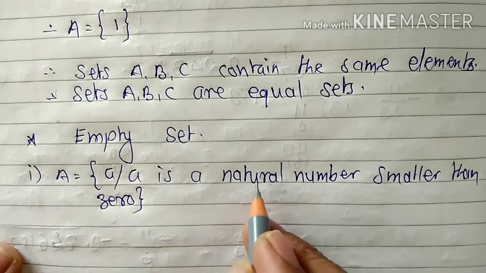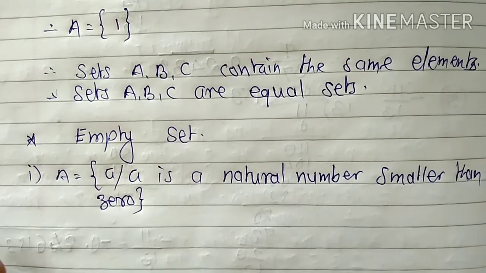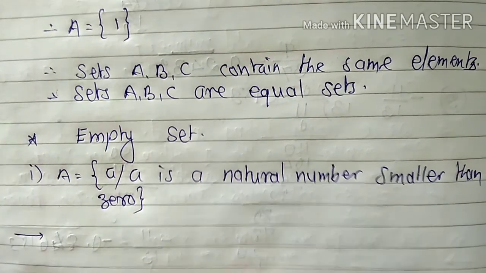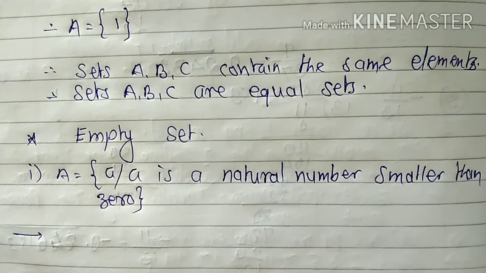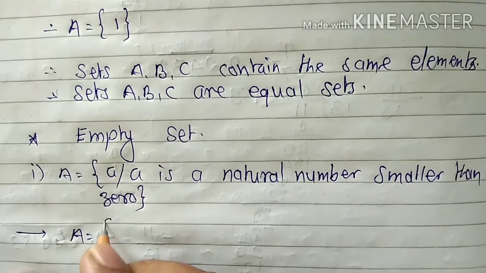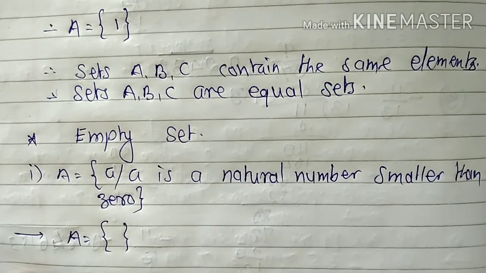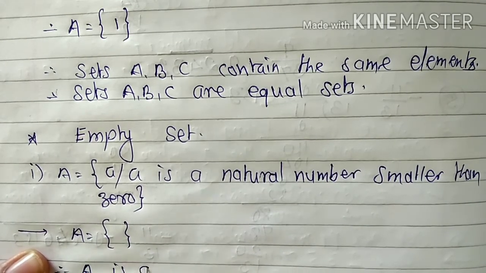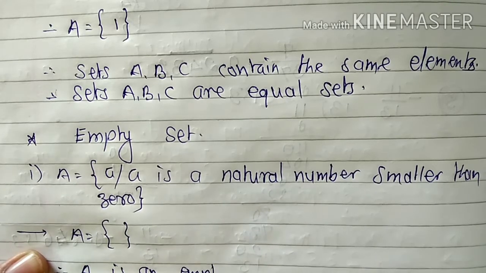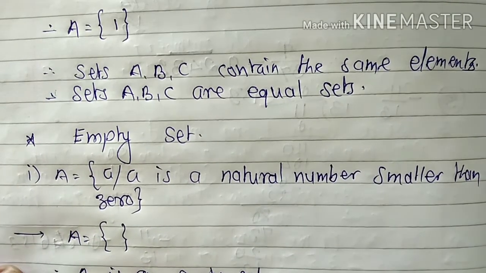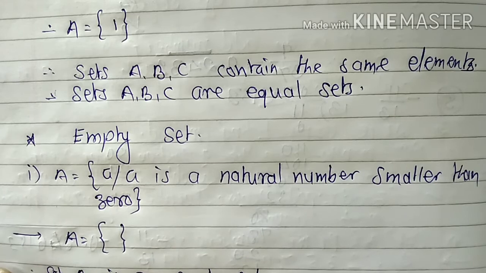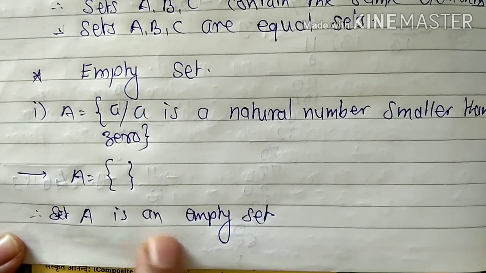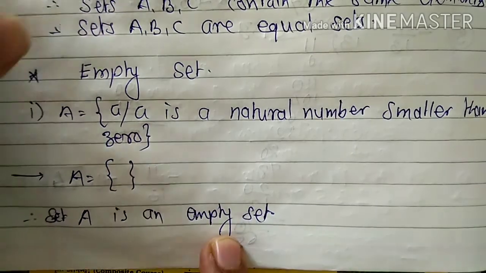Okay, a is a natural number smaller than 0. How is it possible? We know that natural numbers start with 1, so a number smaller than 0 is not possible at all, so in A the answer will be nothing. So that is why A is an empty set, or you can say set A is an empty set.